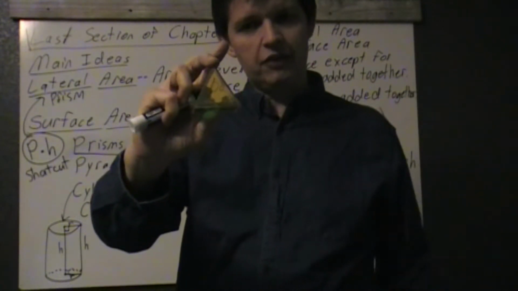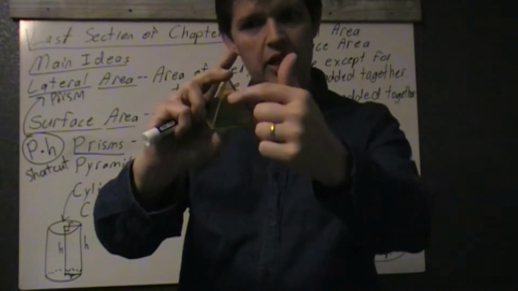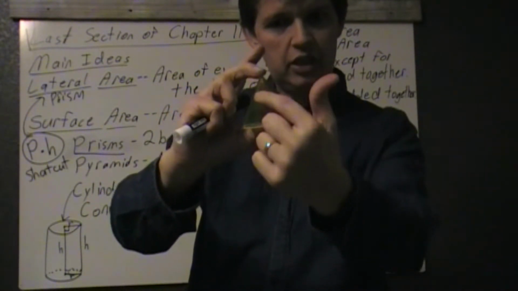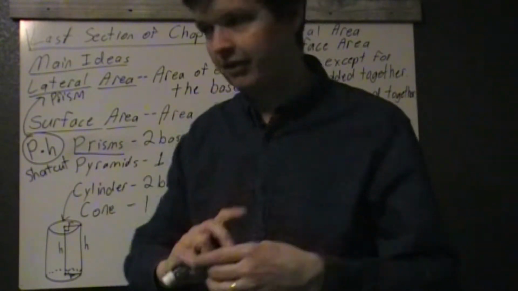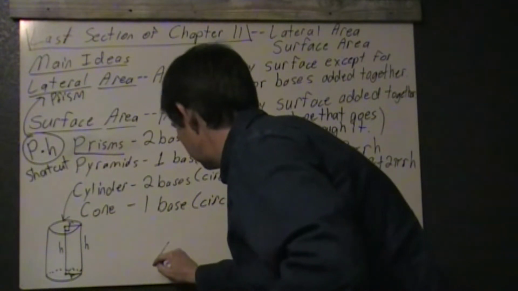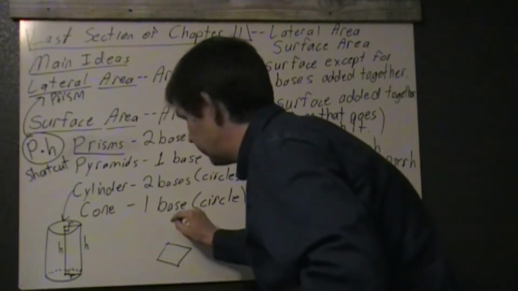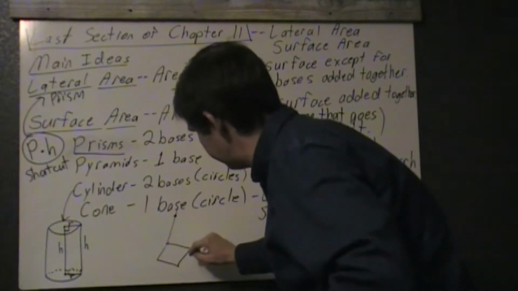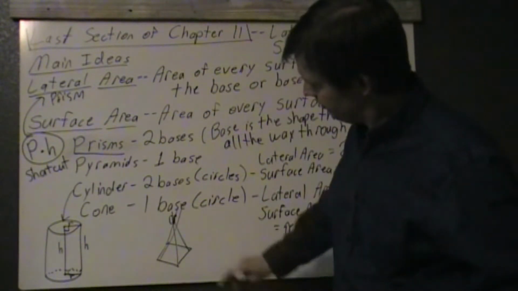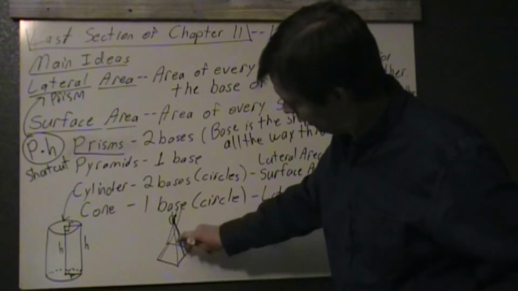Well, then you have to find this right here, which is called the lateral height. I'll draw a picture for you. Let's draw a square, draw a dot right up here, and then I just connect them. And see right there? You've got to find that lateral edge.